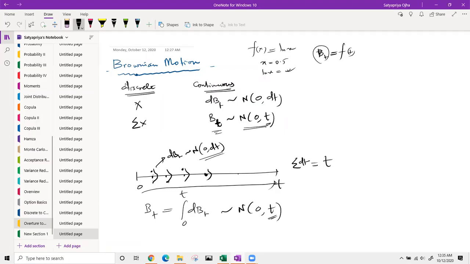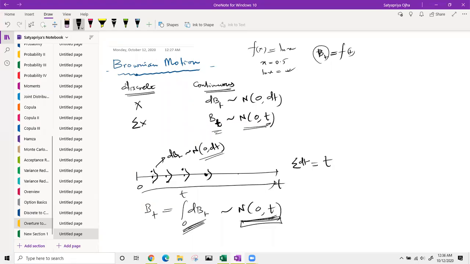So that is what the variance is. First time in life, we are seeing that an integration is a random quantity. This is a definite integral from 0 to t, but the output is a random quantity. All right. So that is the first surprise.